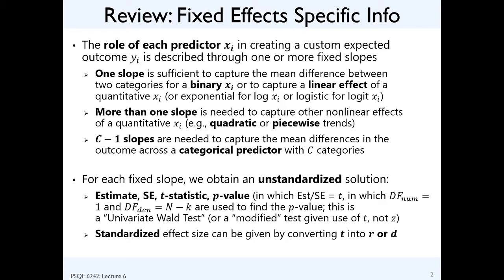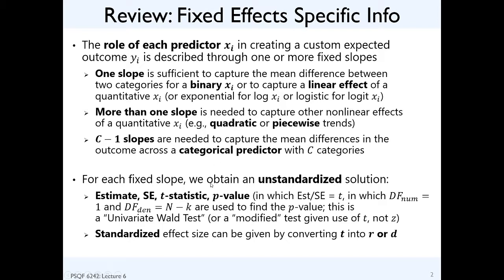If you have a quantitative predictor and you're happy with giving it a linear effect, then you only need one slope for that. You need more than one slope for nonlinear effects of quantitative predictors that reflect quadratic or piecewise trends. And for categorical predictors, you need C-1 slopes. So if you have C groups, you have C-1 because the intercept is one of your groups, and each of the slopes then differentiates the intercept from each of the others.